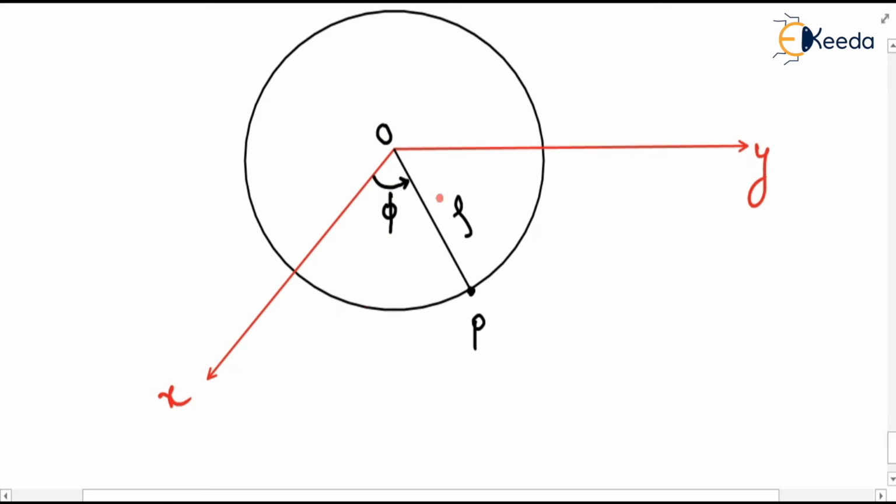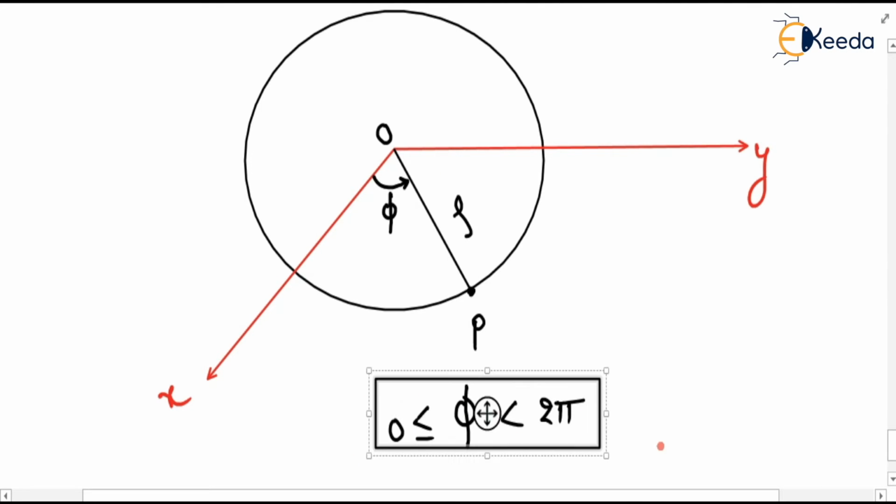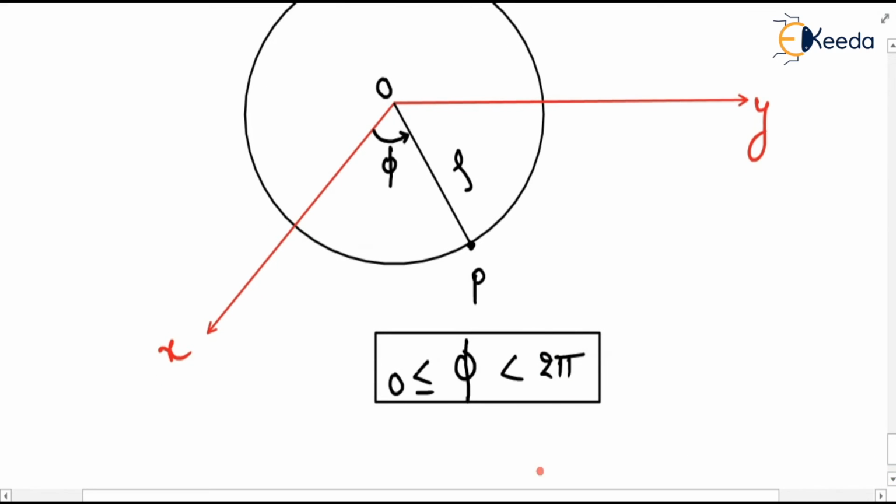For this complete circle, phi will vary from 0 to 2 pi radian, or 0 to 360 degree. I can show it in brackets in this way.